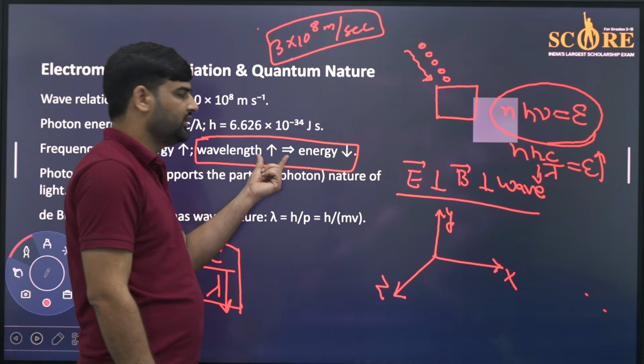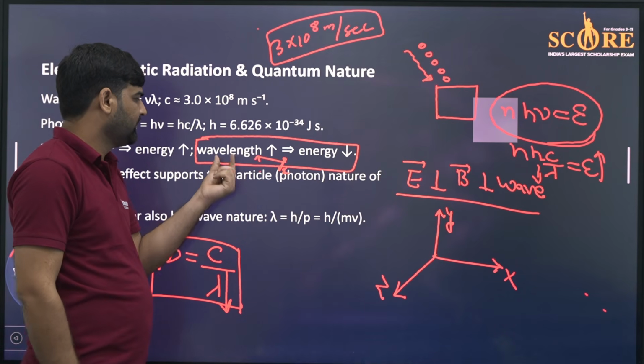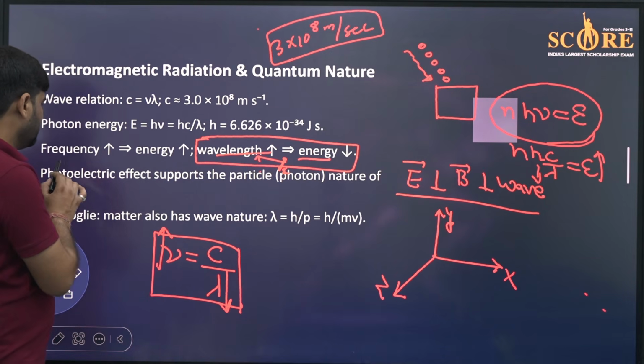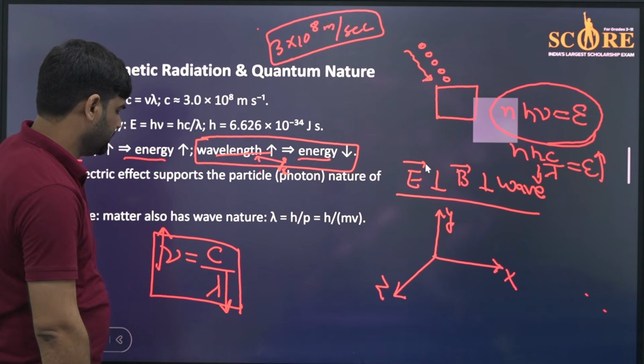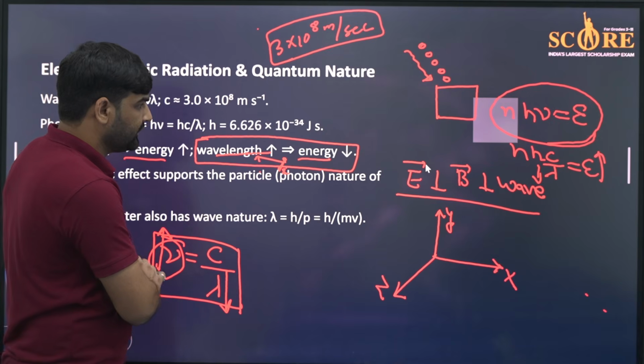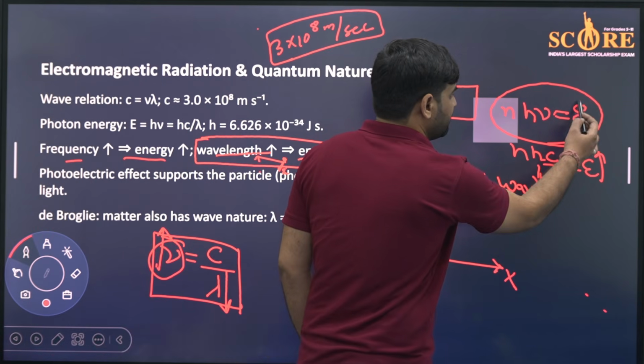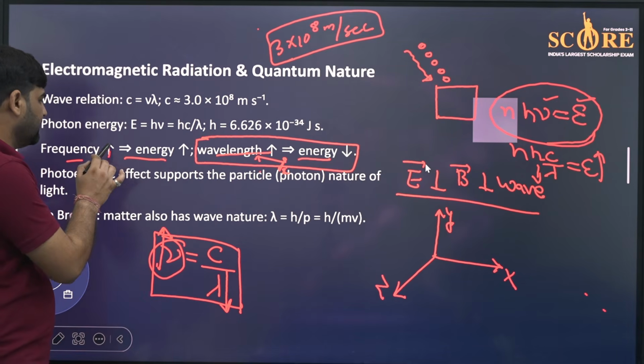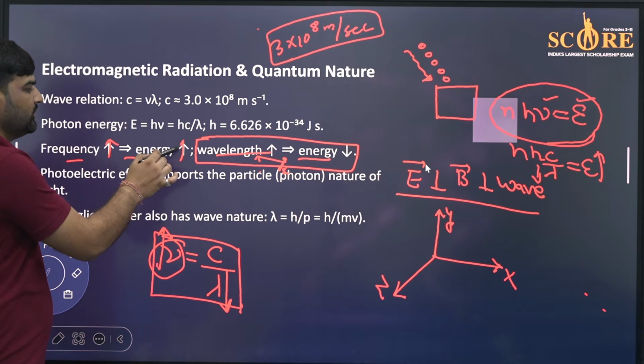It means there is an opposite relation between wavelength and energy. And energy and frequency, you know, nu is frequency. Energy and frequency are directly proportional. It means when we increase frequency, then energy also increases.